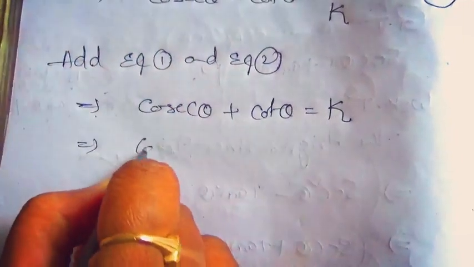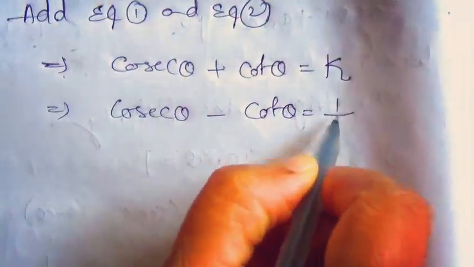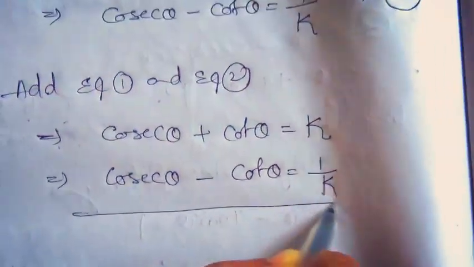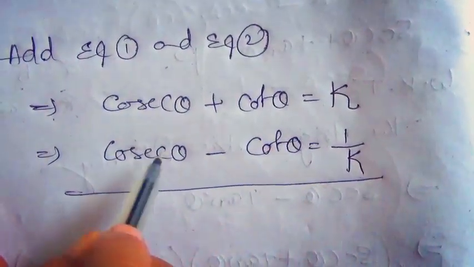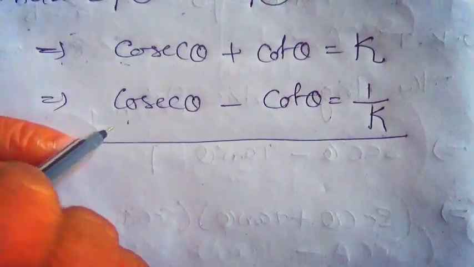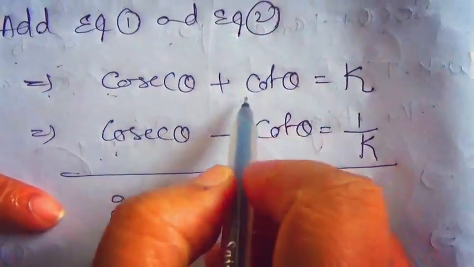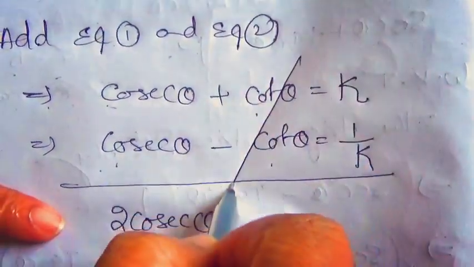Equation 2 is cosecant theta minus cot theta is equal to 1 by k. It is very important, you just listen carefully. Adding these two, cosecant theta plus cosecant theta, 2 cosecant theta, plus cot theta minus cot theta cancelled.